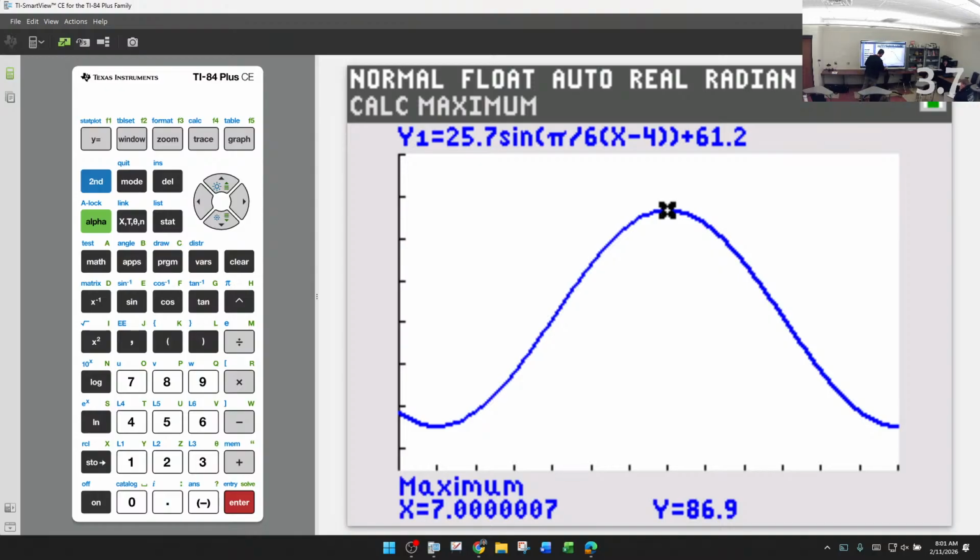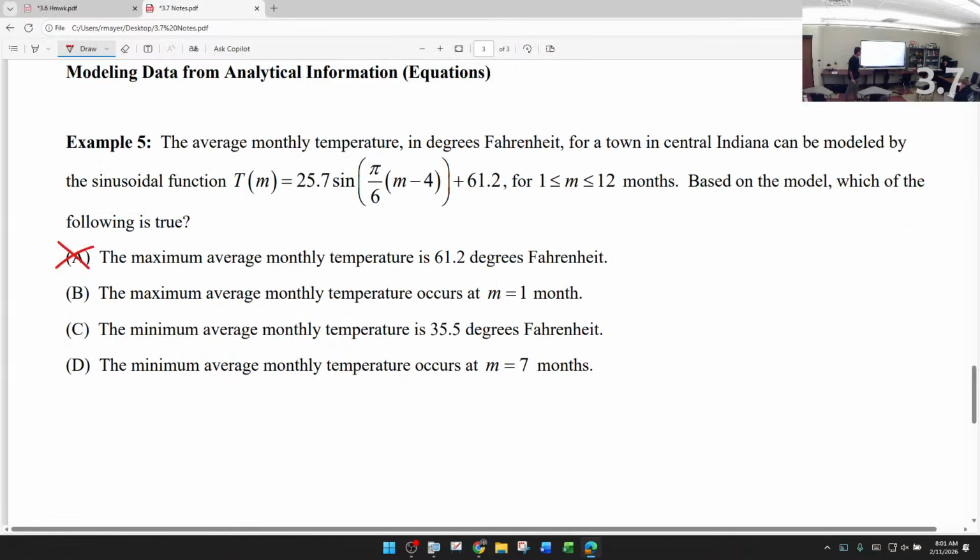Let's go back to my picture. It's a cosine, right? Cosine starts at the min. Sine starts at the midline. So we started at 1, I hope.